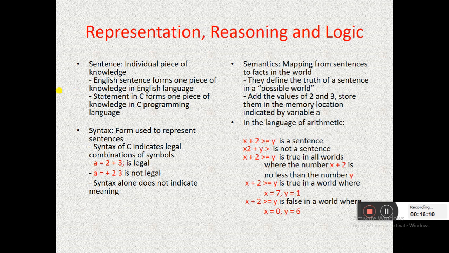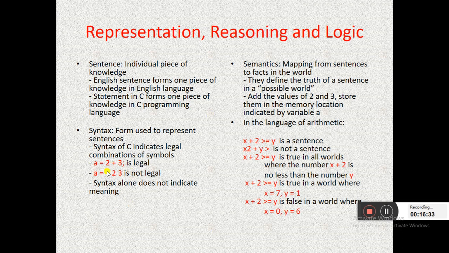Syntax alone does not indicate meaning. So it is very important that syntax is not the only thing, we will see all the meanings or all the perception of any problem.